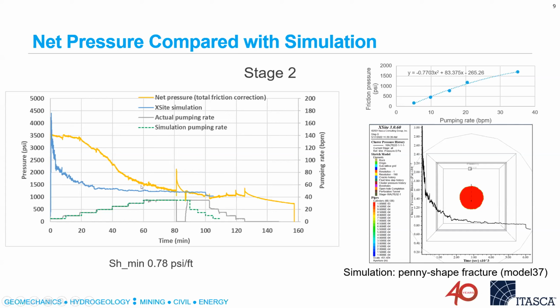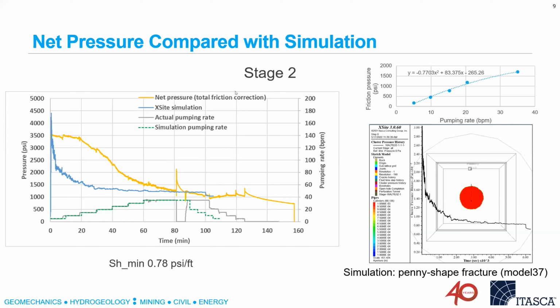So the pressure cannot match after like 60 minutes, but like 40 minutes. But at the beginning, we have a really high net pressure, according to my calculation. But we all believe that's not true, right? You just cannot have like 3,500 psi net pressure.